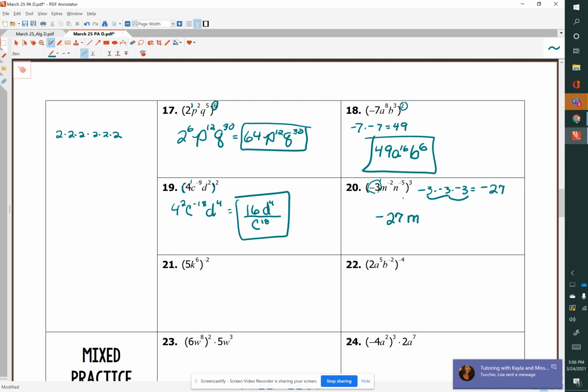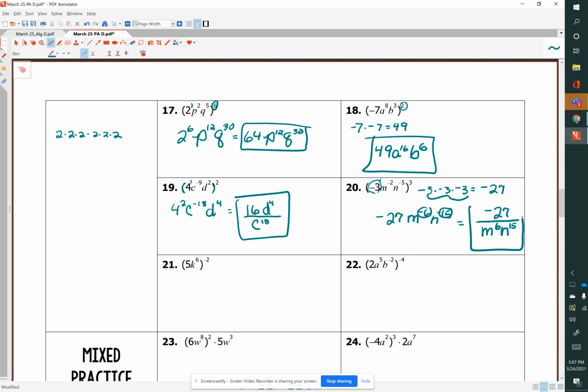Then we have m, negative 2 times 3 is negative 6, and n, negative 5 times 3 is negative 15. So we need to rewrite this with those negative exponents taken care of, and those m and n will be put in the denominator, which allows us to make the exponent positive. So it will be negative 27 in the numerator, followed by m to the sixth power, n to the 15th power in the denominator. And that's our final answer.